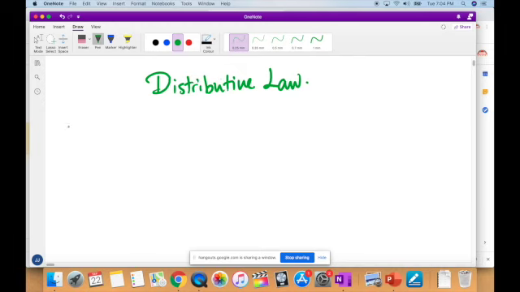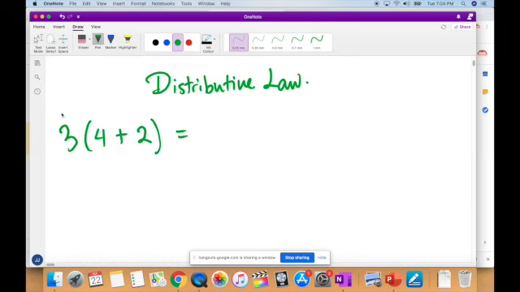Right? So we know that if I have 3 into 4 plus 2, yeah, I could do the brackets first. 4 and 2 is 6, and then 6 3s are 18. But the distributive law says that this 3 is being multiplied by everything inside the brackets, right?